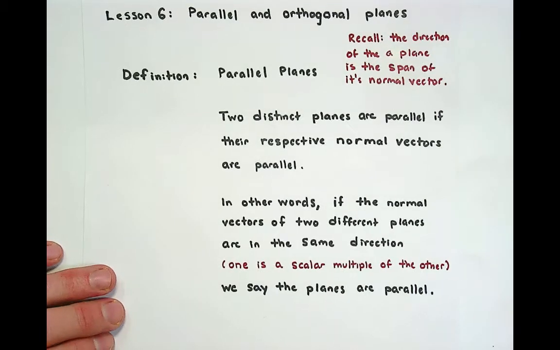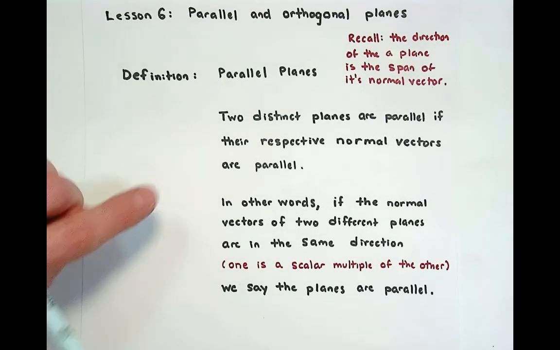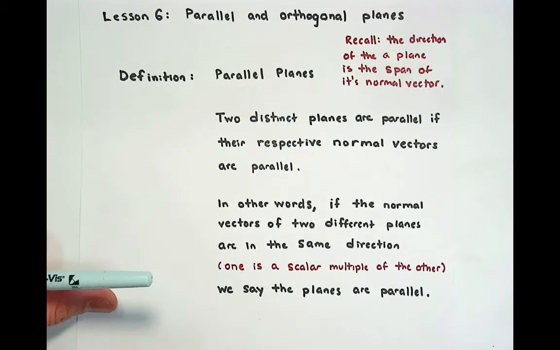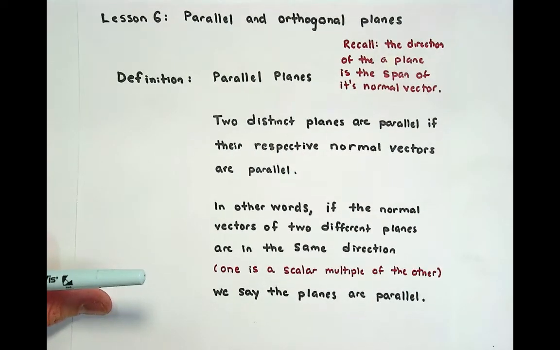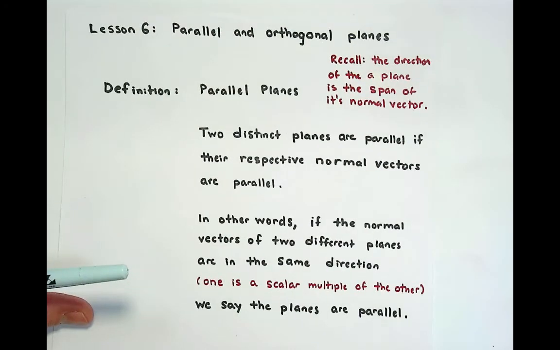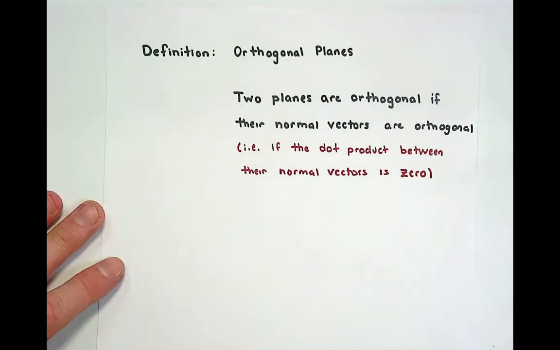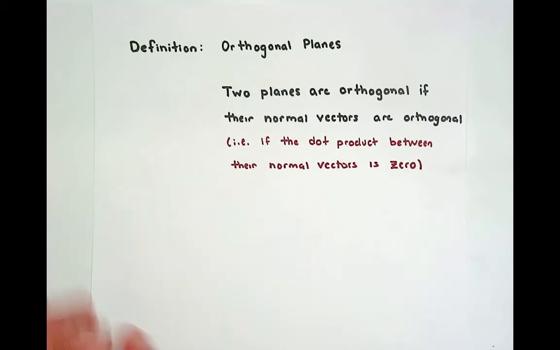Immediately you might start to imagine, if this is what it means to be parallel, what would it mean to be perpendicular or orthogonal? Could you guess? I'm going to steal the fun away from you by giving you an answer before you had the chance to fully think about that.